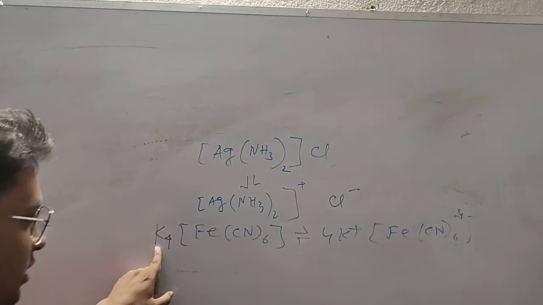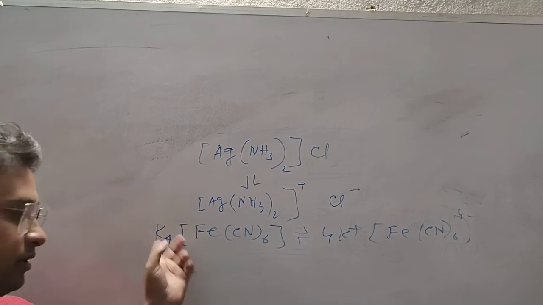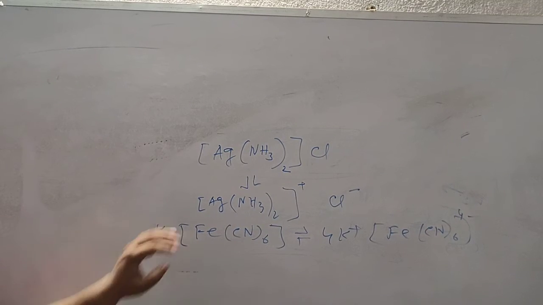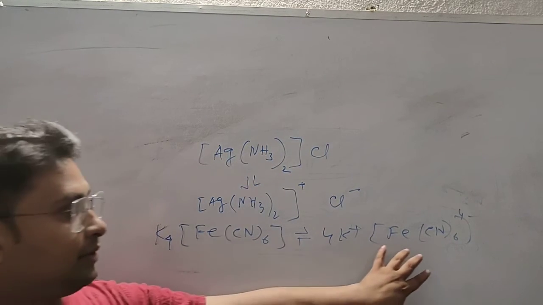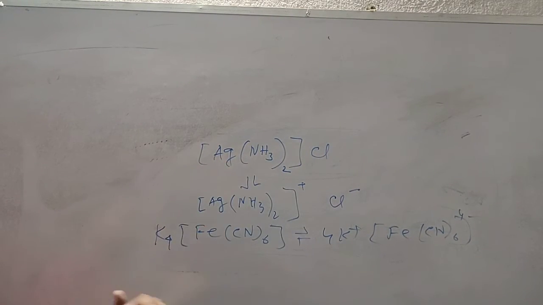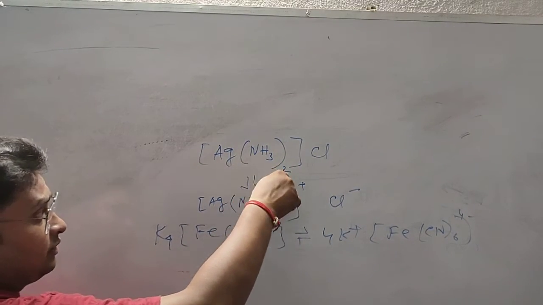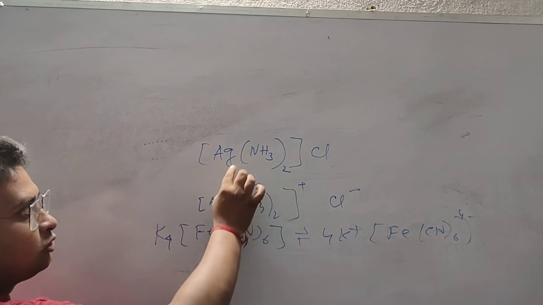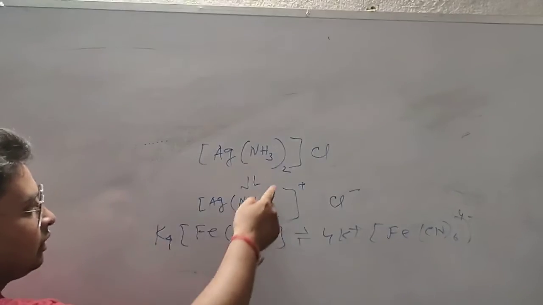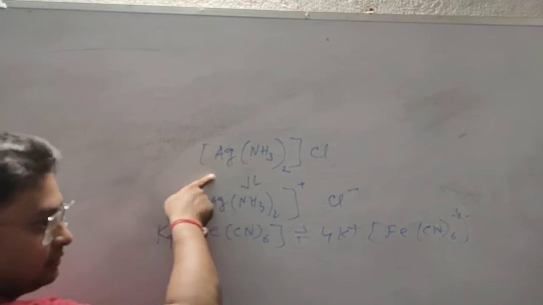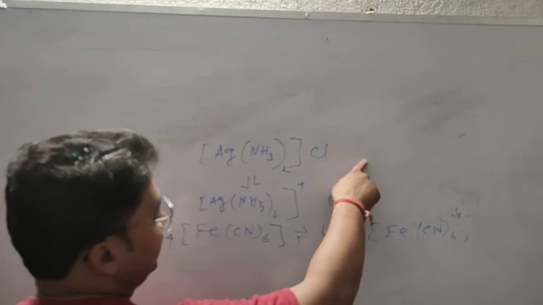For this case, the name will be potassium hexacyanidoferrate with the oxidation state in the bracket. But for this positive sphere, we get the name like this: diammine, not argentate, silver with the oxidation state in the bracket, then chloride.